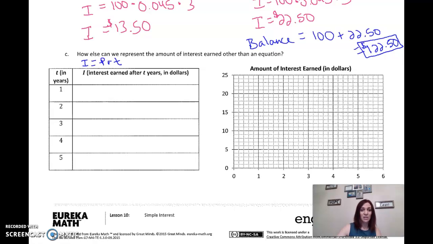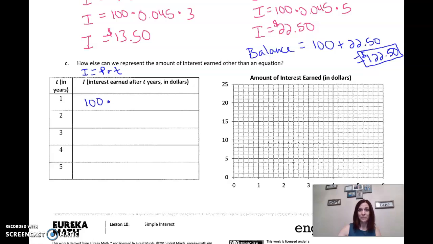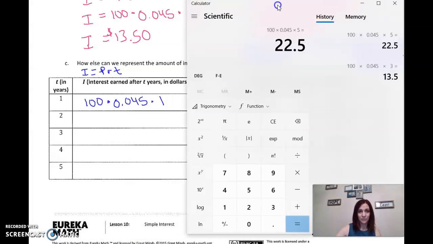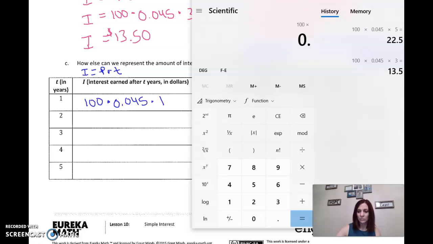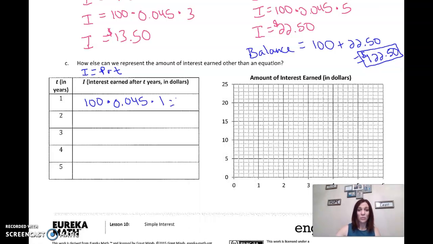So our interest here is going to be our principal of $100 times our rate, that's that 0.045 here, times the number of years, 1. So if you type that into a calculator, so 4.5, right? So $4.50.